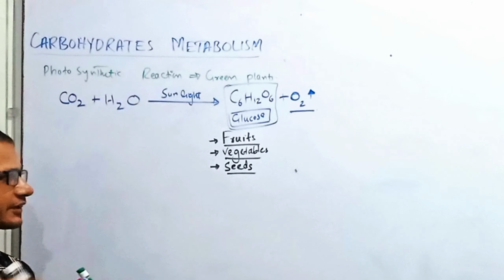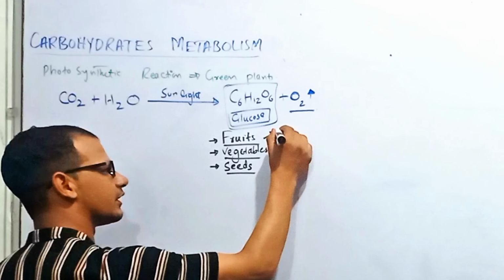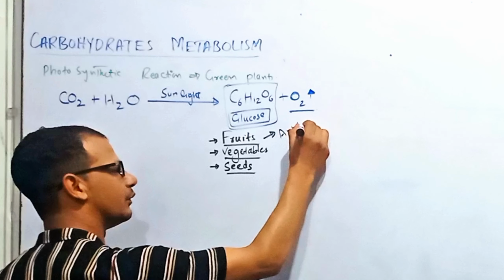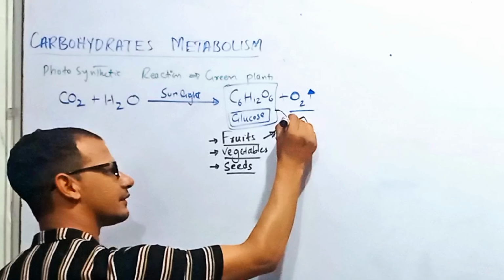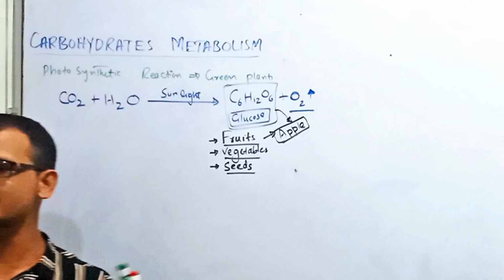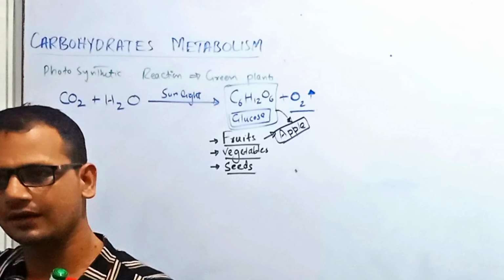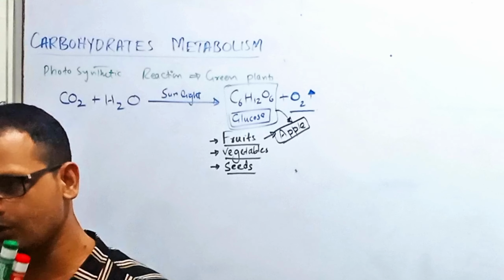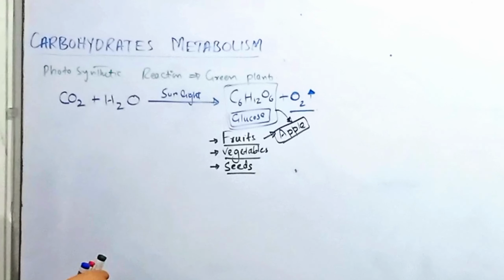For example, in fruits we have an apple. We are eating the apple, and this apple stores glucose. Plants store carbohydrate in the form of starch, and animals store glucose in the form of glycogen.